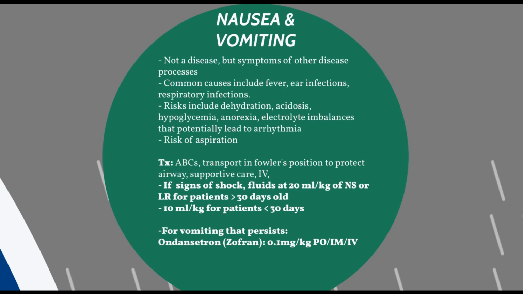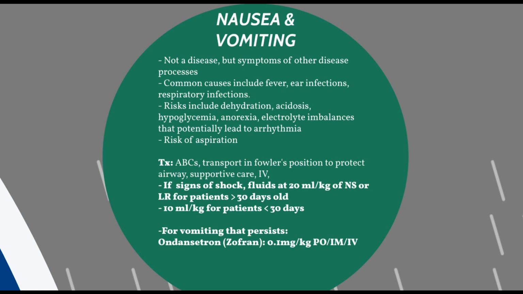If you have signs of shock, you want to go ahead and initiate fluids at 20 milliliters per kilogram if the patient is greater than 30 days old. If the patient is less than 30 days old, we will use our neonatal bolus, which will be 10 milliliters per kilogram.